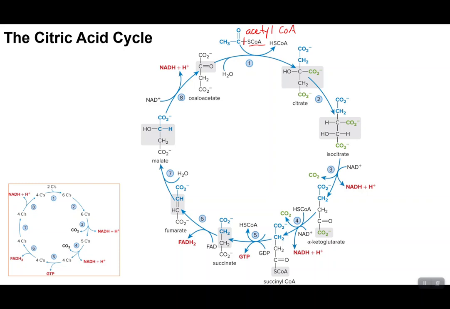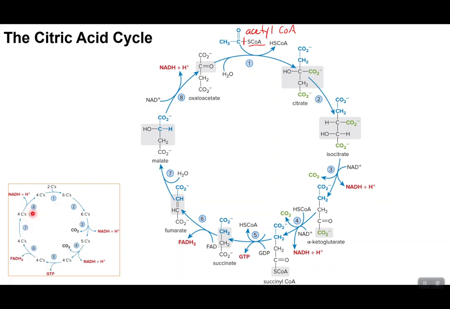And because that is a high energy bond, when that bond is broken, we release energy. And it is this release in energy that is helping oxaloacetate and the acetyl group come together into citrate. All right, so let's continue looking at what is going on in the next steps.